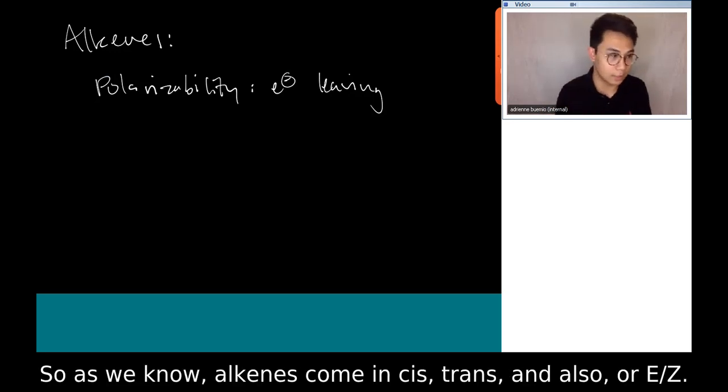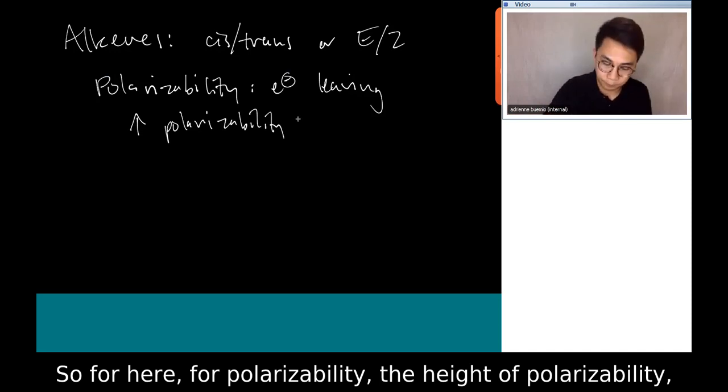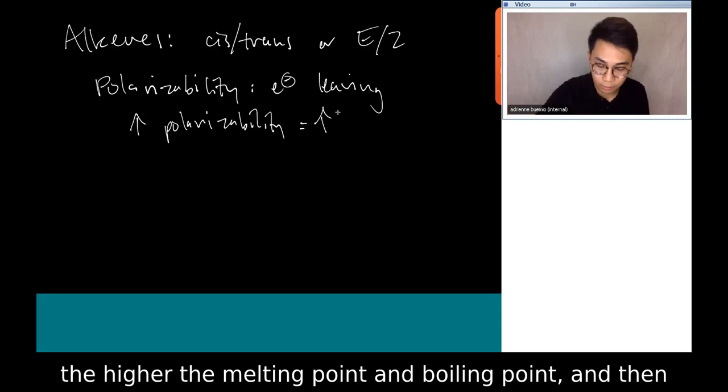So as we know, alkenes come in cis-trans, and also E-Z, right? So for polarizability, the higher the polarizability, the higher the melting point and boiling point, right?